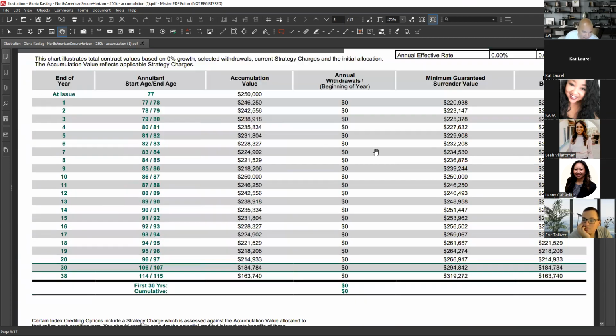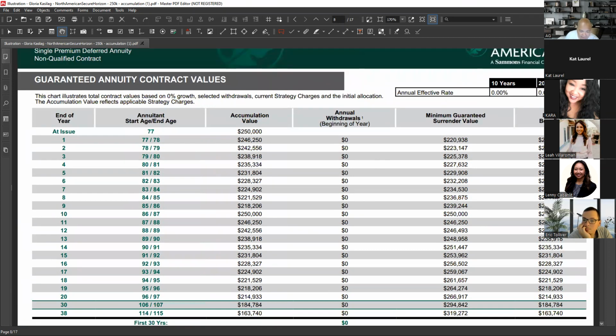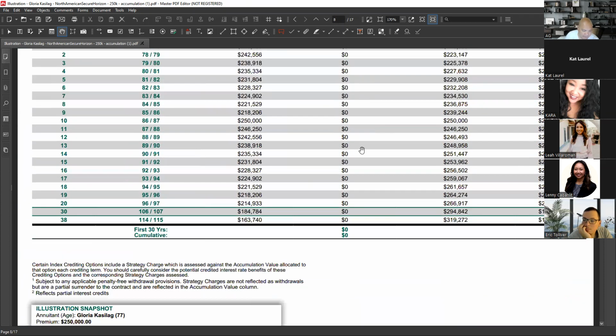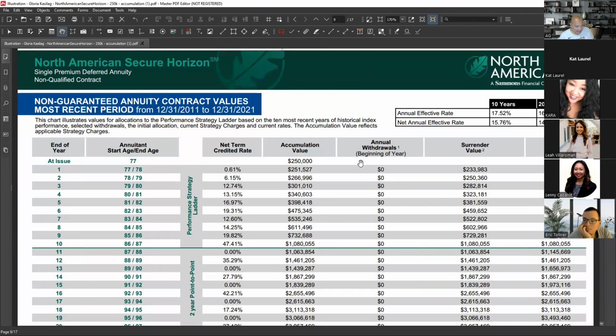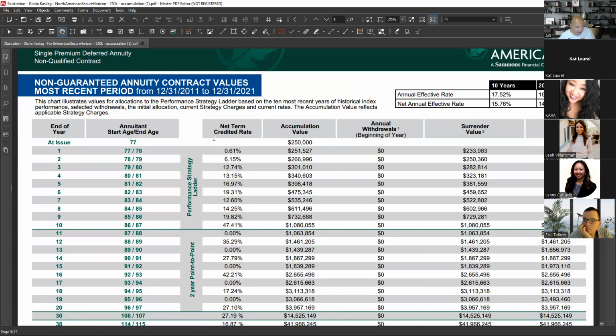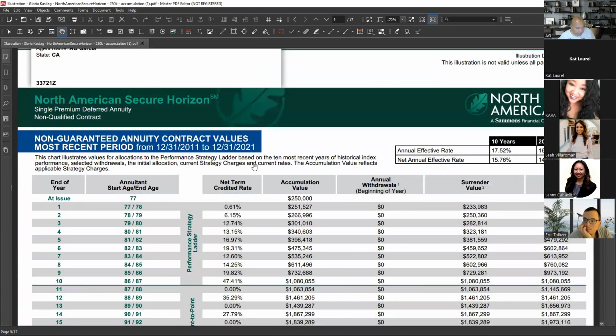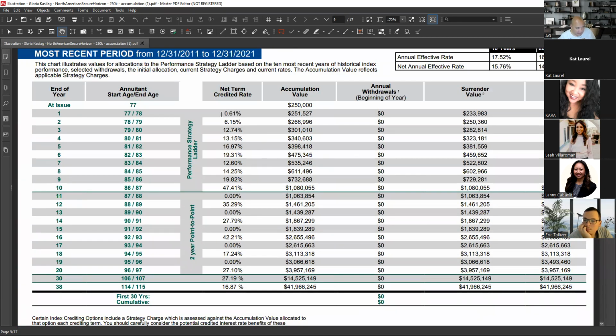So again, they show here the zero rate, if the government decides to do 0% interest for the next 20 years. But this one's the most recent one, okay? That's why this is what it looks like on the crediting, and your 250,000 gets to about $1 million.